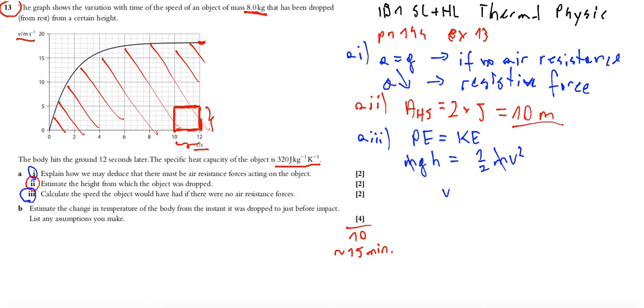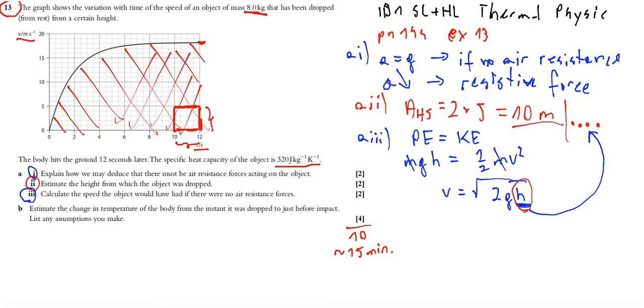So speed is given by the square root of 2gh, where h is the distance traveled by the object, so the height from which the object is released, which was calculated in A2. So remember, height is the distance traveled by the object in this case. Is it clear?